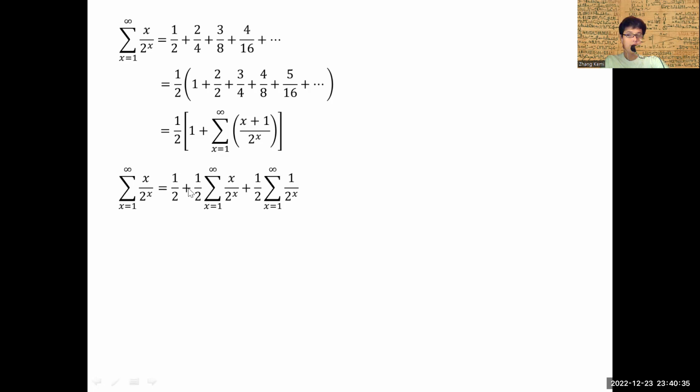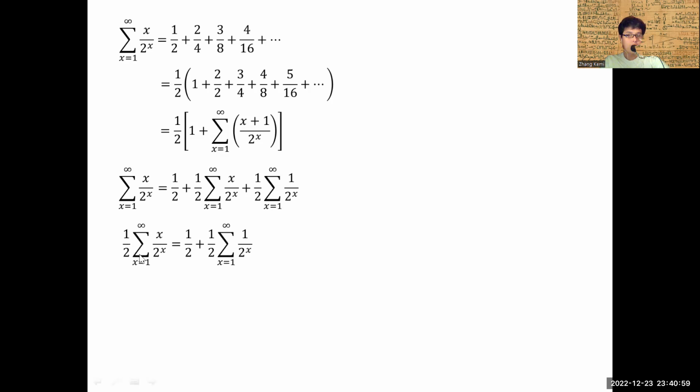Thus, inside these is where the half got, because I expand it in. Thus, over here I have the sum from x equals 1 to infinity of x over 2 to the power of x plus half the sum from x equals 1 to infinity of 1 over 2 to the power of x.